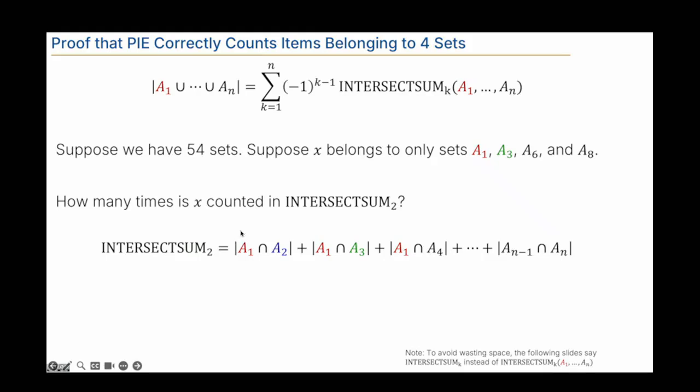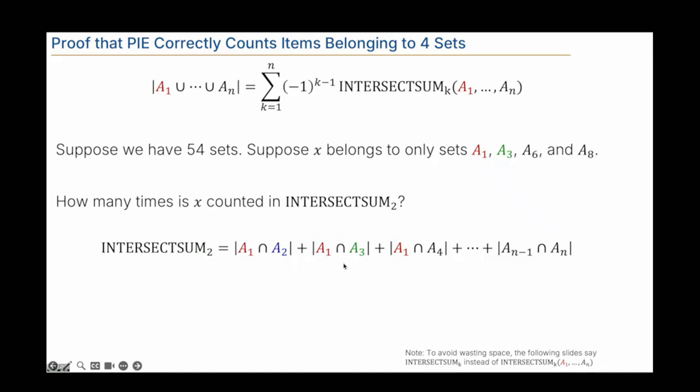Does it belong to A1 intersect A2? That's an interesting question. It only belongs to these sets. It does not belong to set A2. So does x belong to A1 intersect A2? No, it's not in there because it's not in A2. So not that one.